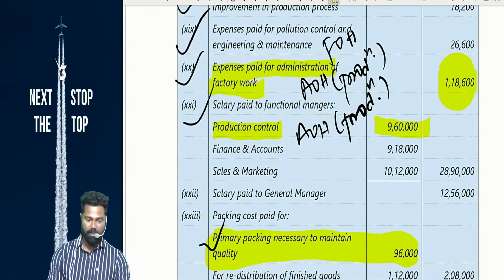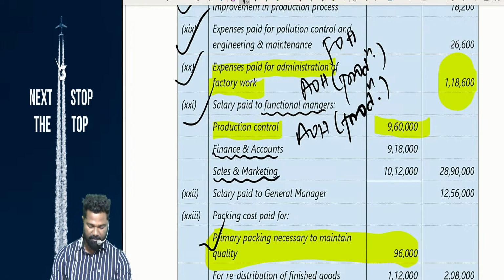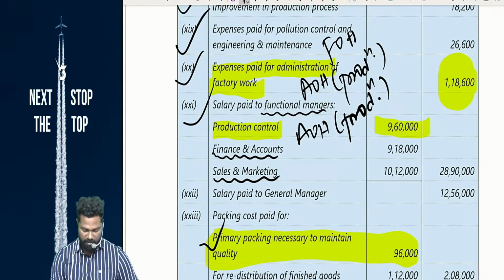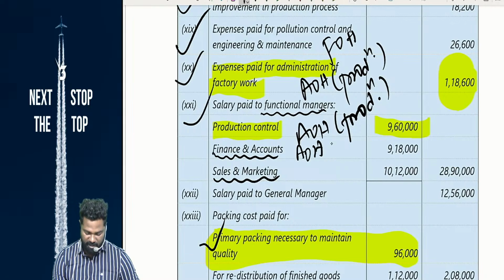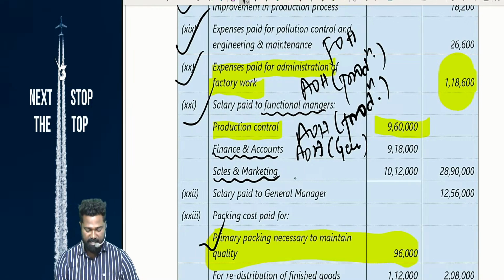Okay, yes. Salaries to what? Salaries paid to functional manager for what? Finance and accounts, sales and marketing. So this comes under AOH in bracket general. Which one? Finance and accounts. Where will sales and marketing come?